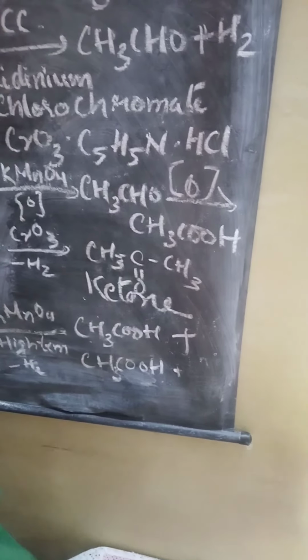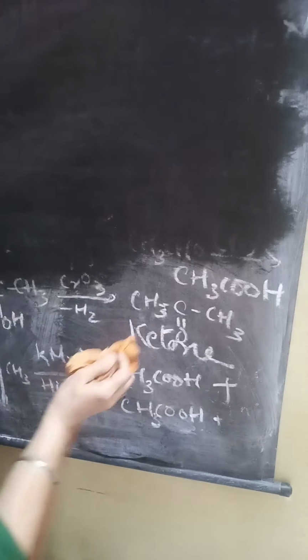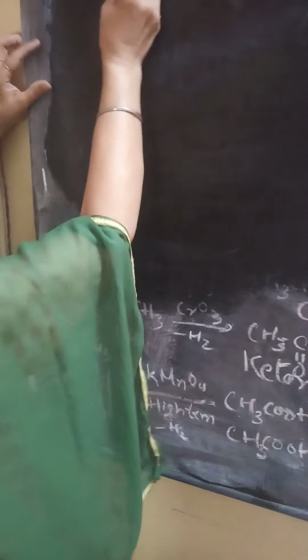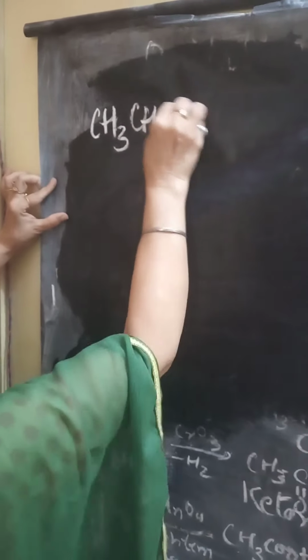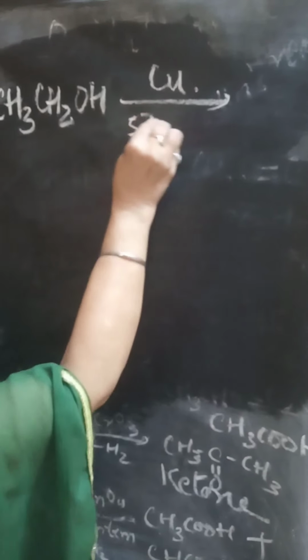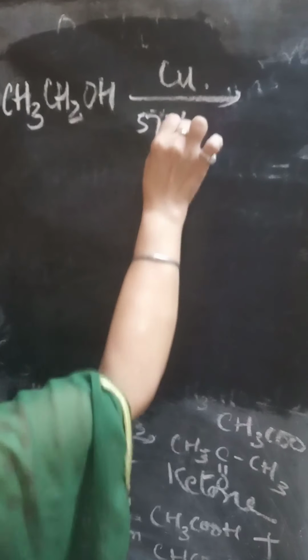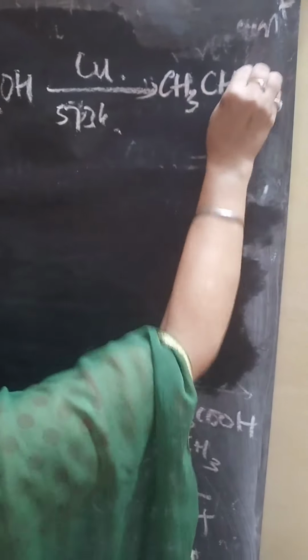Further, one more reaction takes place here. I can show you the reaction when primary, secondary and tertiary alcohol react with copper at a particular temperature. When primary alcohol CH3CH2OH reacts with copper at 573 Kelvin, it forms aldehyde.